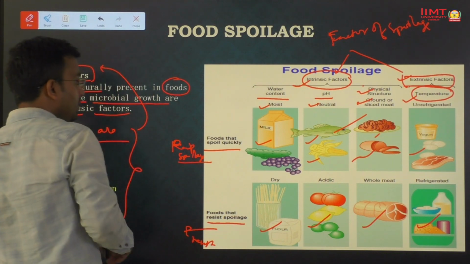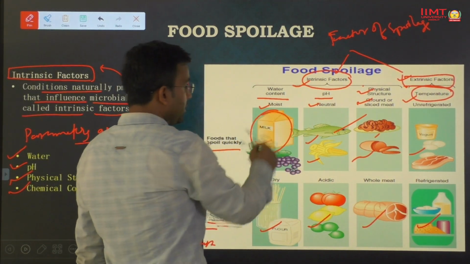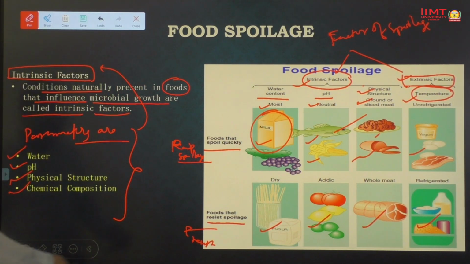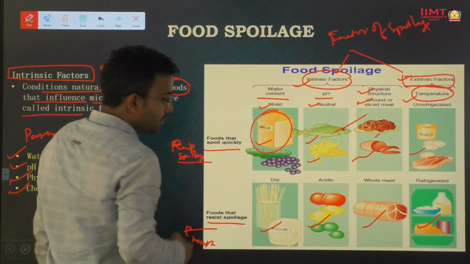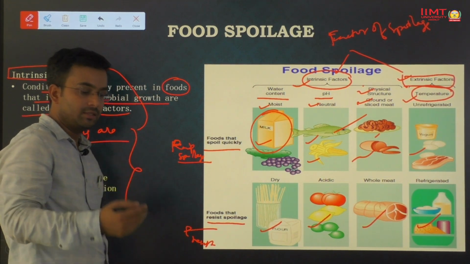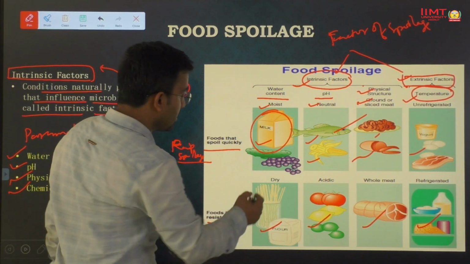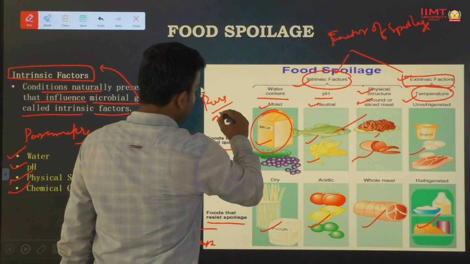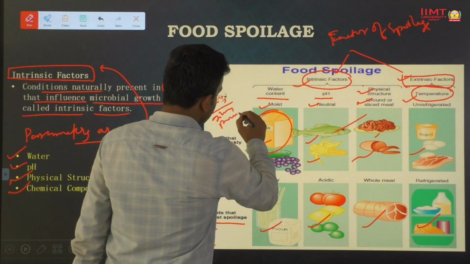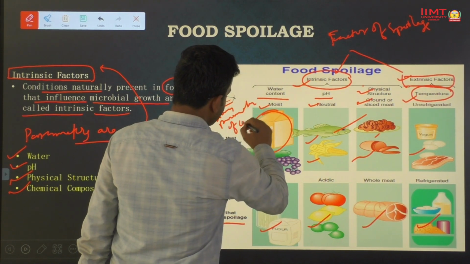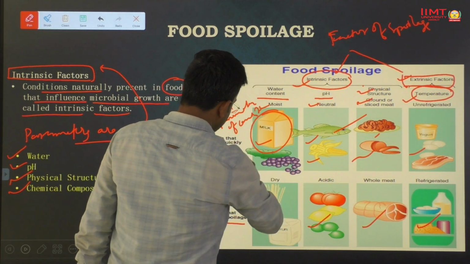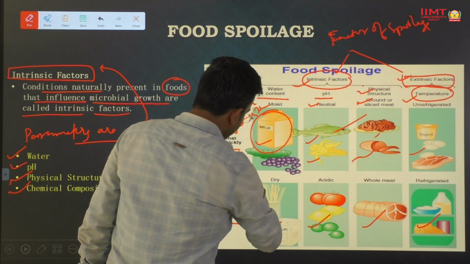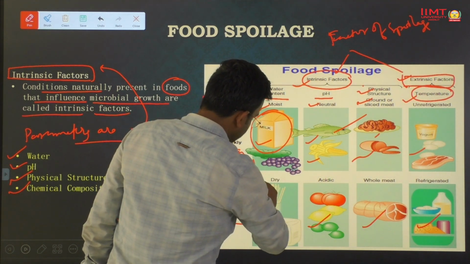That means these food products spoil rapidly if they are not preserved under the given parameters or conditions which the foods require.